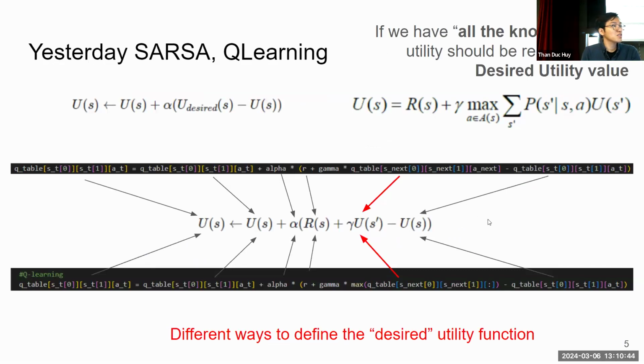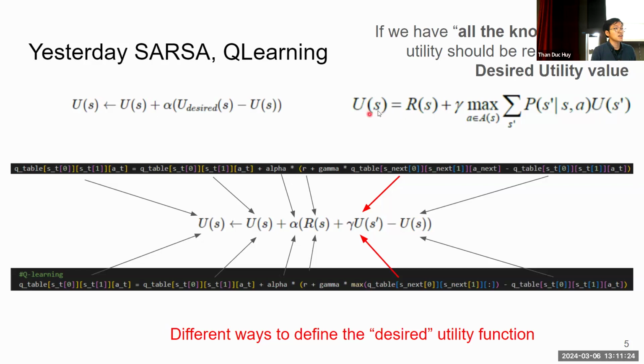So how does that work? Now we would replace the u desired with our Bellman equation, right? Yesterday we said we can technically construct the utility values for all of the states, and those utility values will signal the desirability towards a goal that we want to achieve. In the best case scenario, when we have all of the knowledge of the utility, this equation will hold.